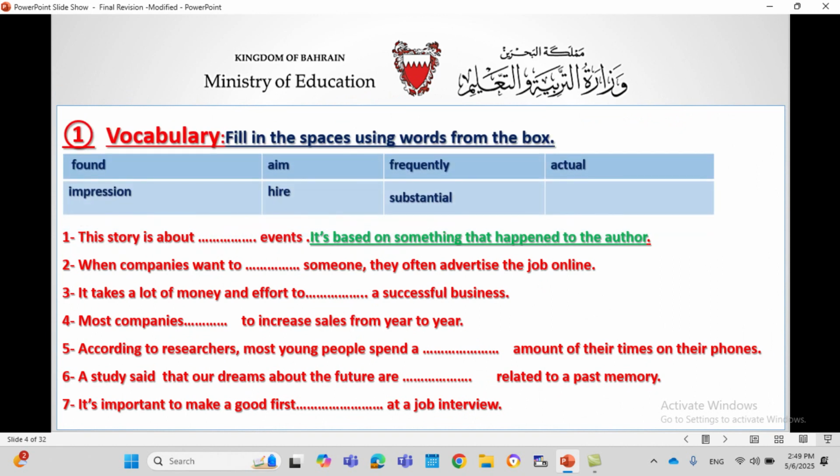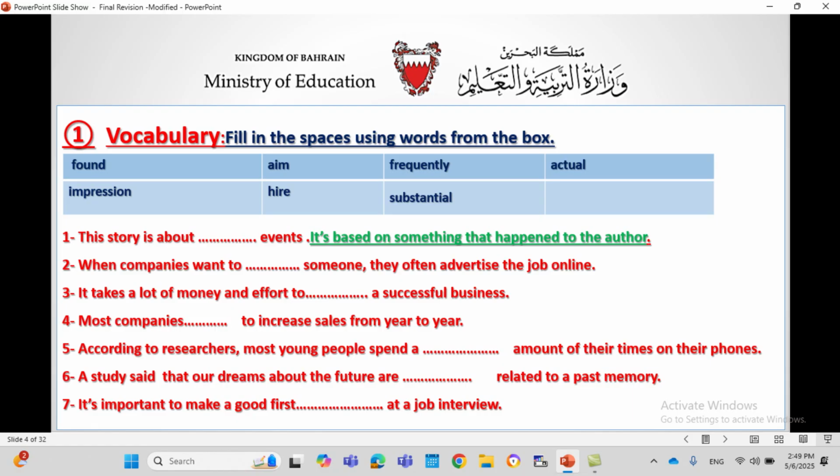Let's start with vocabulary. Here, as you can see, we have a table which contains some words, and you are required to fill in the spaces using these words.